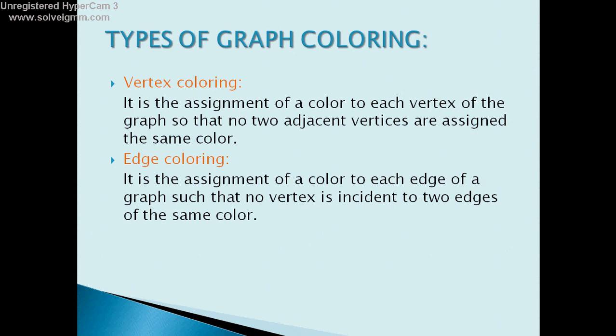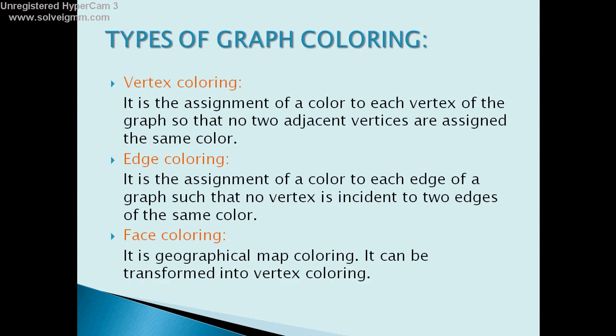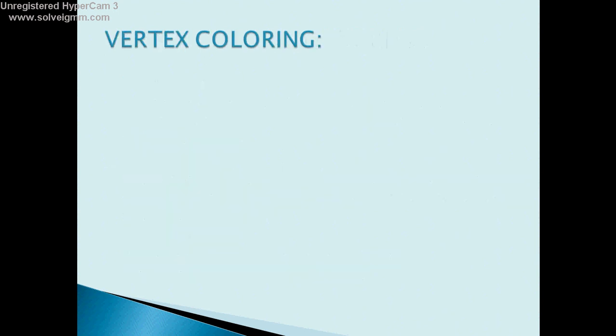It is the assignment of a color to each edge of a graph such that no vertex is incident to two edges of the same color. Then face coloring. It is the geographical map coloring. It can be transformed into vertex coloring also. So, in this video, we will mainly focus on vertex coloring.